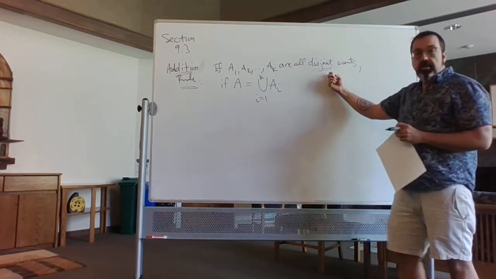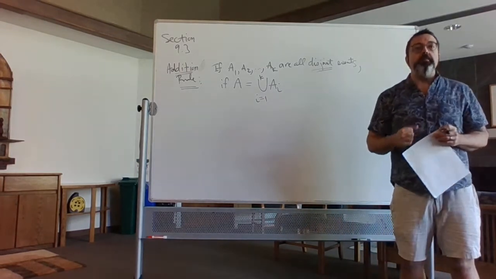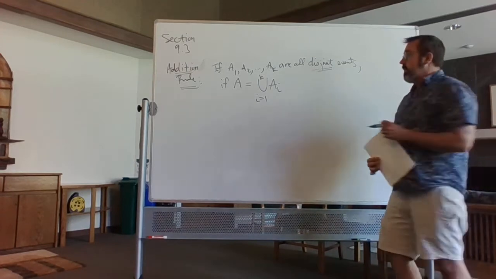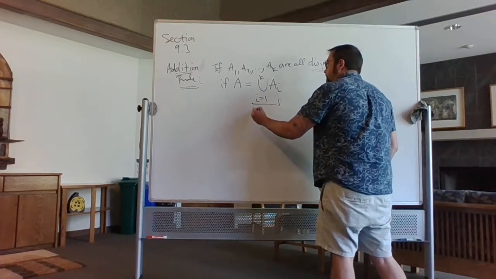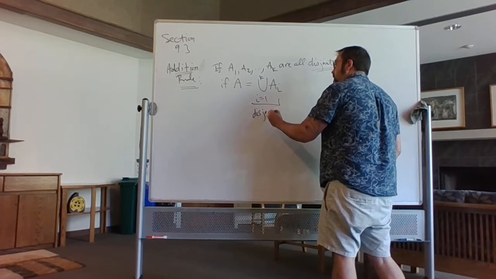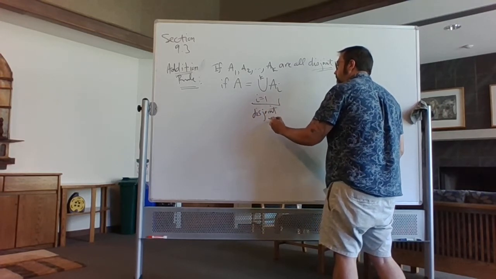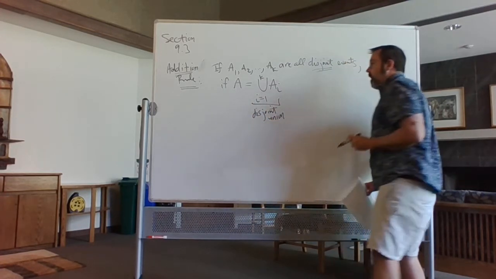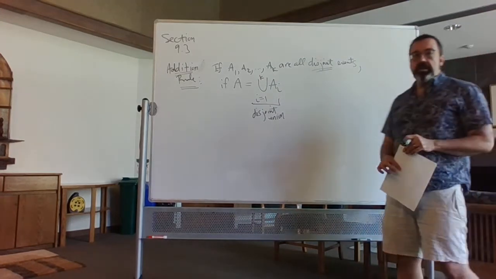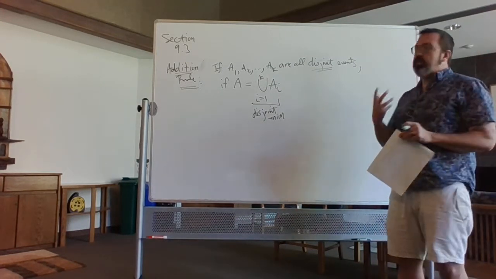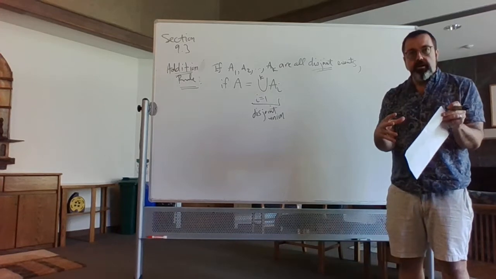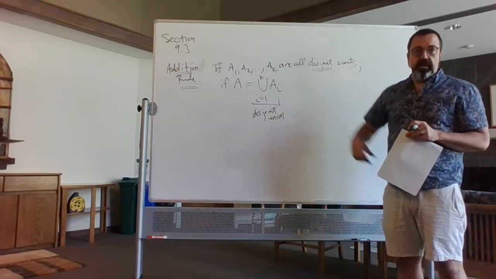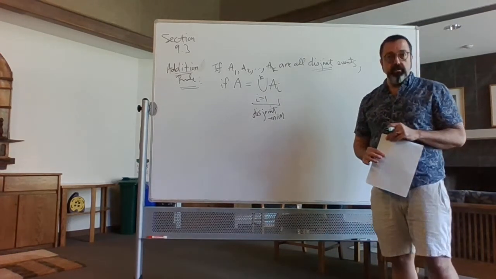Now, because these are all disjoint events, when I say one or more, it means it's going to be in exactly one of them. So this is sometimes called the disjoint union. We'll talk about unions a little more generally in a little while, but the disjoint union is what you get if you take all of these events and lump them together, and we just say disjoint to remind ourselves that there's no overlap between these individual events.